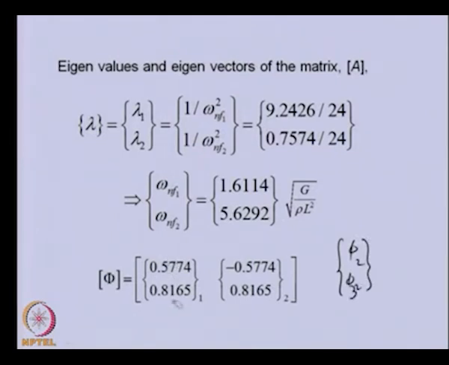We already know that at node 1 we have 0 displacement. So this vector can be extended like this to represent how the displacements take place at nodes 1, 2 and 3, and we can draw the mode shape.